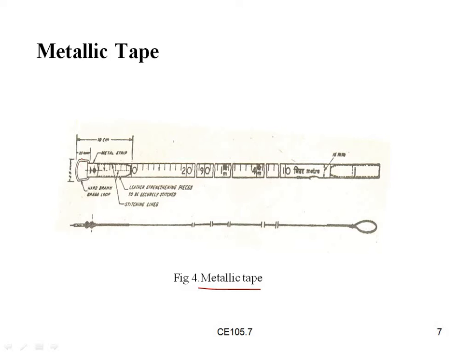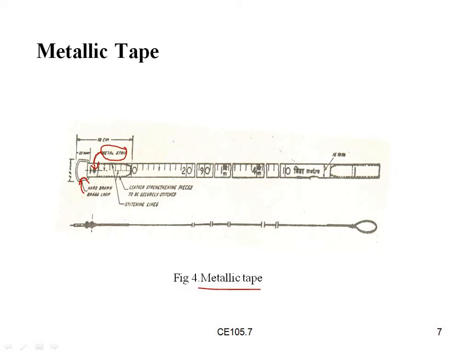Here you can see this portion is called the metal strip, and this is the hard drawn brass. This one is the brass material, which is the handle type, at the edge of the tape for catching hold.